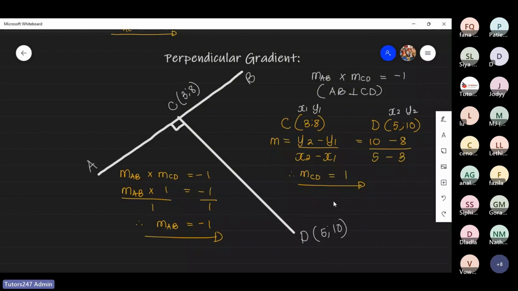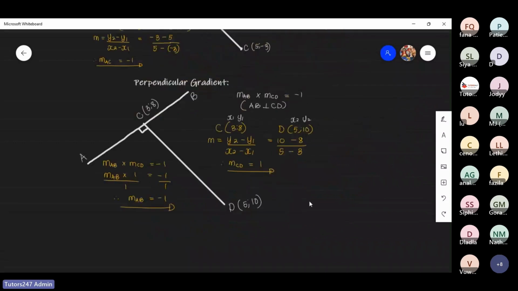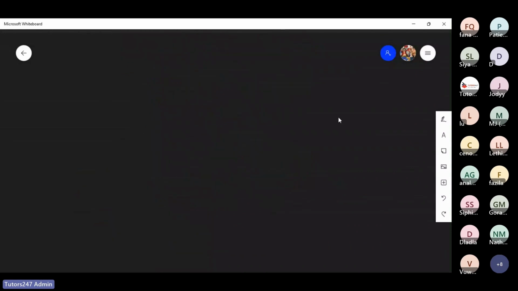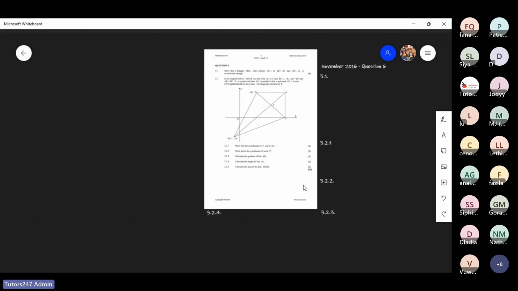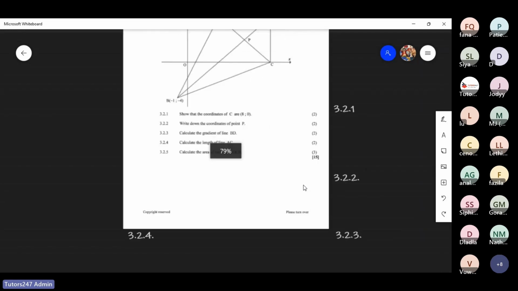So let's see, I think that was our last bit of theory. So let us move on to a past paper question. Something important to take note of when you're dealing with analytical geometry: know your properties of shapes. In your textbook, there is a chapter that deals with the properties of shapes.